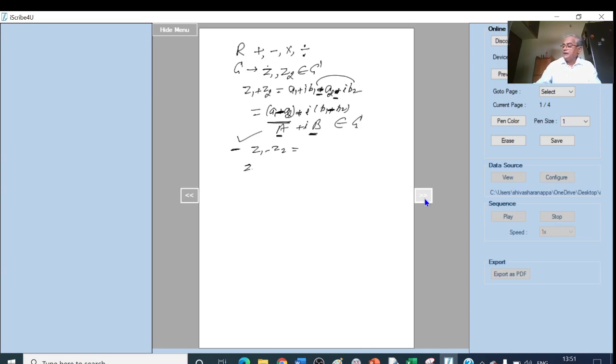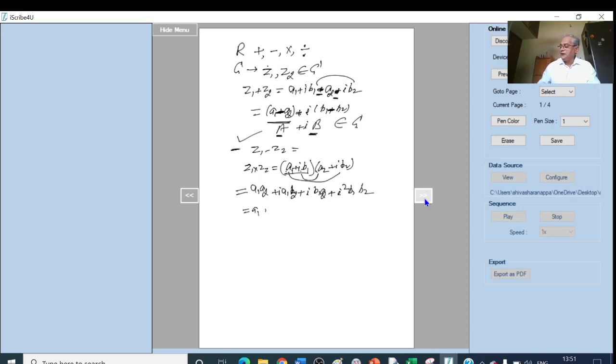And what about multiplication? That is Z1 into Z2. This is equal to A1 plus I B1 into Z2, that is A2 plus I into B2. If I take this multiplication here, A1 A2, plus I into A1 B2, plus, next, I into B1 A2, and here plus I square into B1 B2.